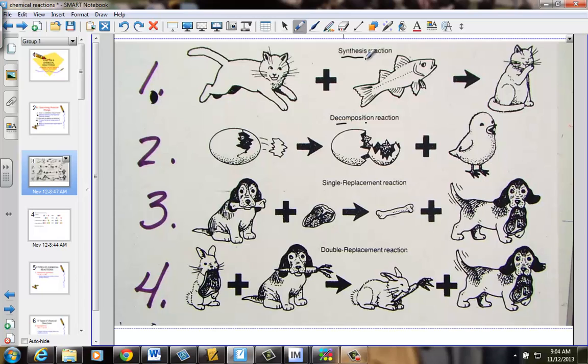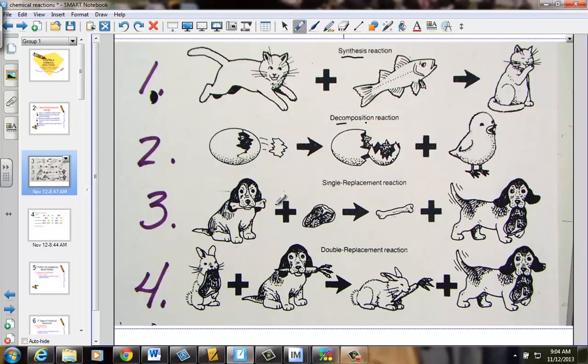Do you notice that a synthesis and a decomposition are exact opposites? Combinations build, decompositions break back down. What makes the decomposition unique? It's the only one that has the single reactant. Combinations have a single product. They are indeed opposites.